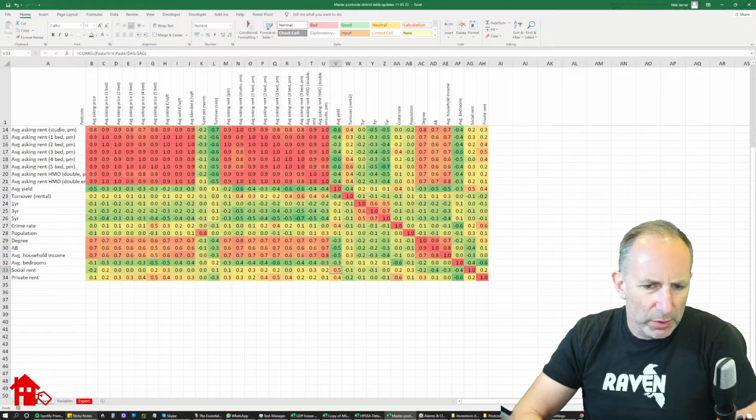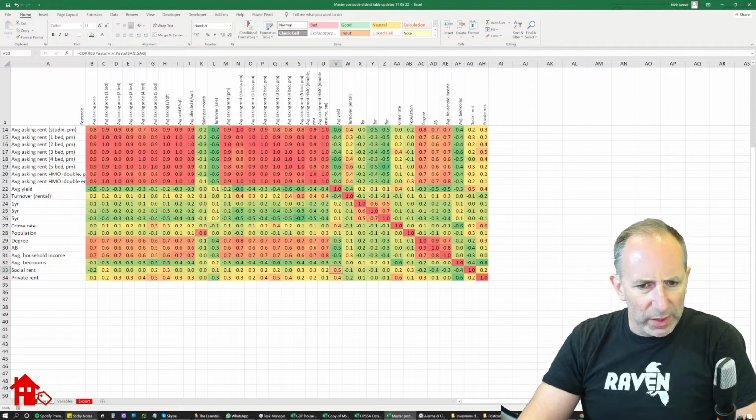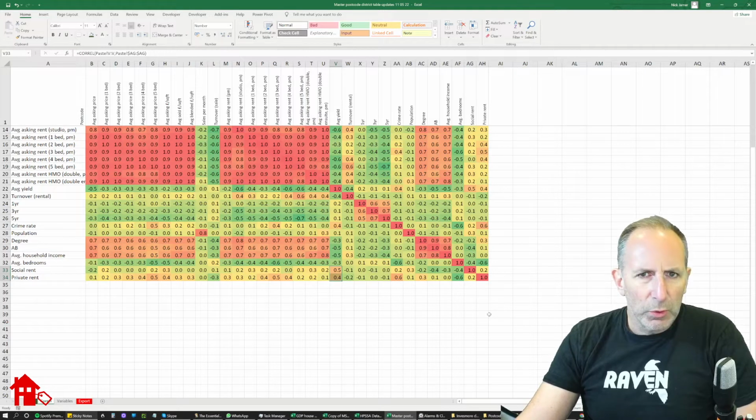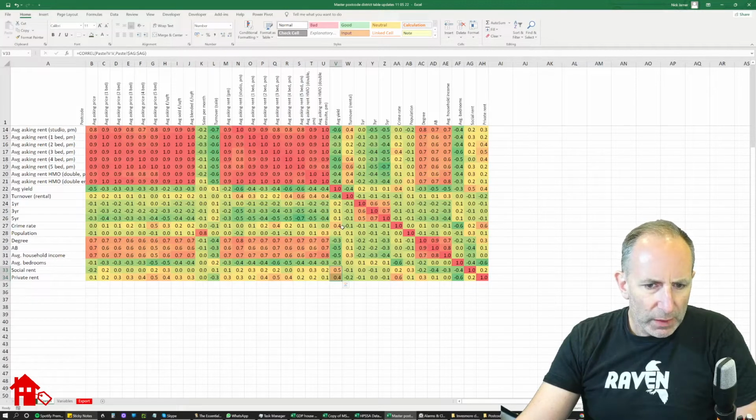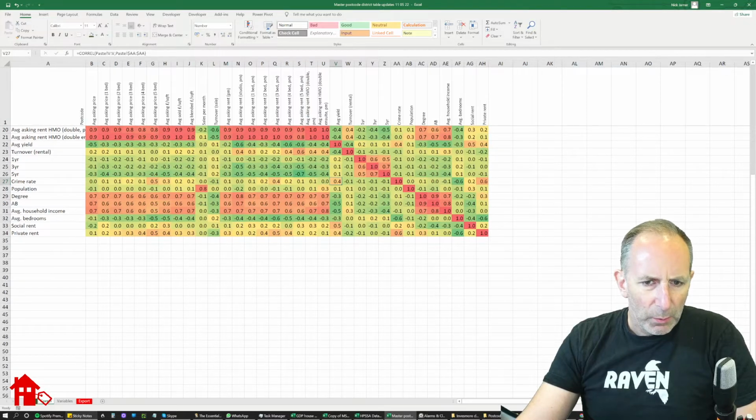So these are poorer, lower demographic areas, and they are more appropriate for rental yield. Now, one thing I would say is that whenever we look for property, we're looking for high yield, low crime.